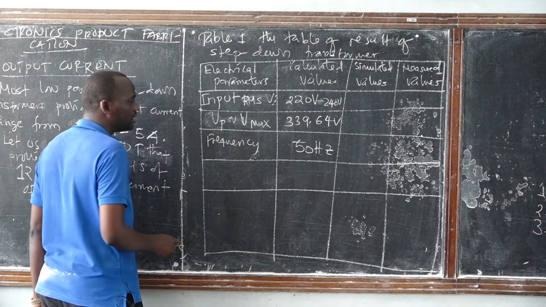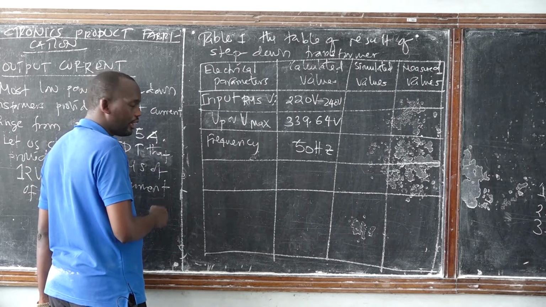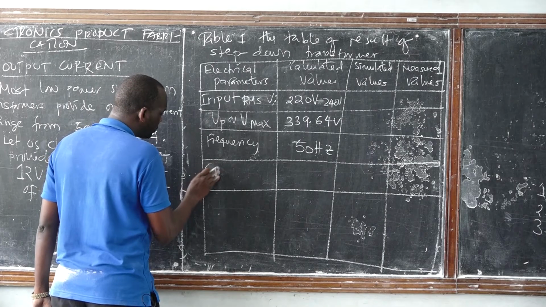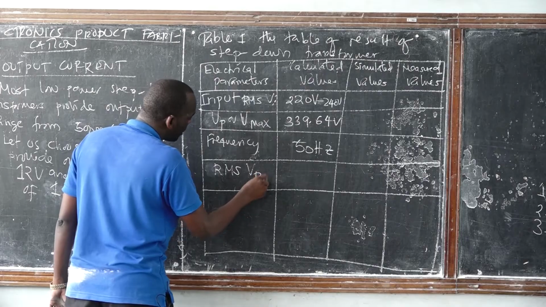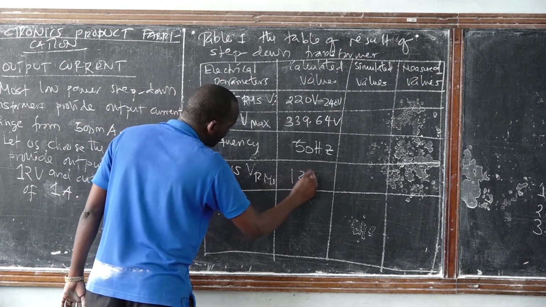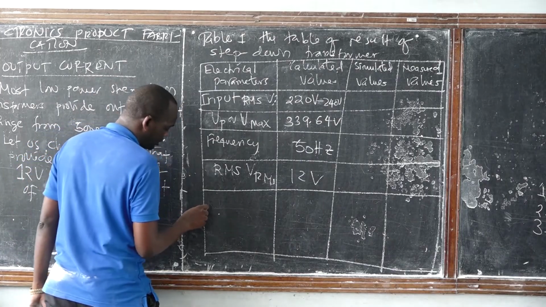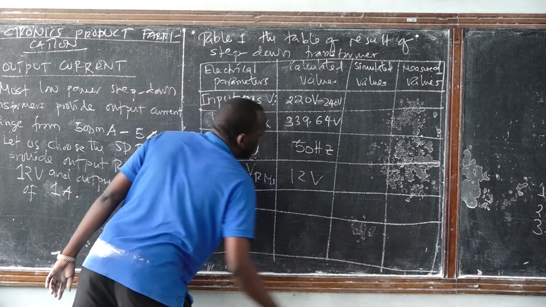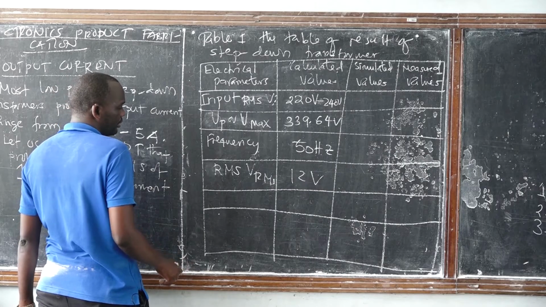And next is what? Next parameter. Output what? Output root mean square. It is what? 12 volt. Next, class, speak it.